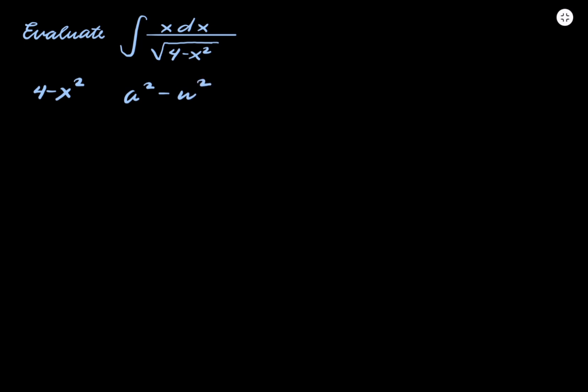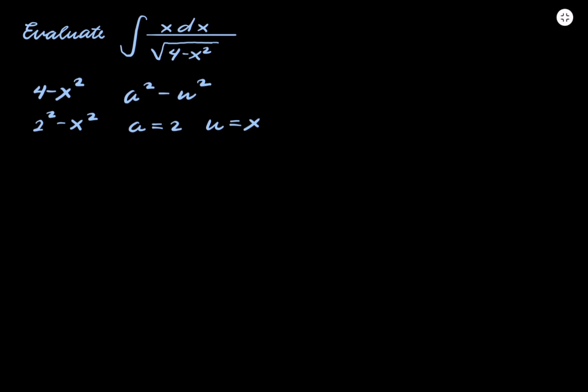So from this, we can see that 4 minus x squared is 2 squared minus x squared. So that is a is equal to 2, right? And u is equal to x, because the root of 2 squared is 2, the root of x squared is x.